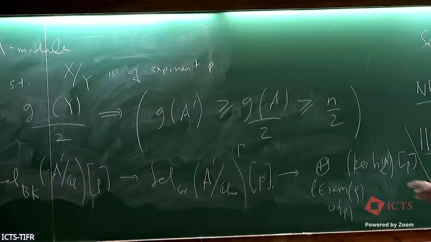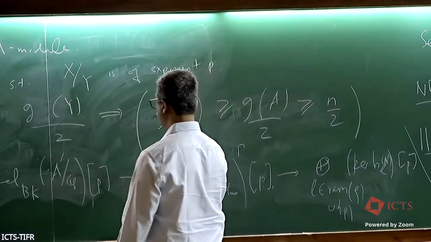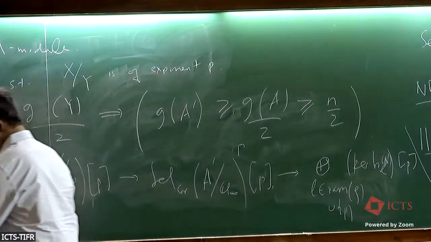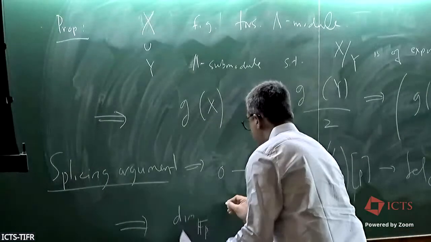So since this is not necessarily surjective, if it's surjective, then you know that the dimension of this is the sum of the dimensions, but you don't know it's surjective, but at least you get the following inequality. That the dimension over FP, we want to go to the Selmer P rank.